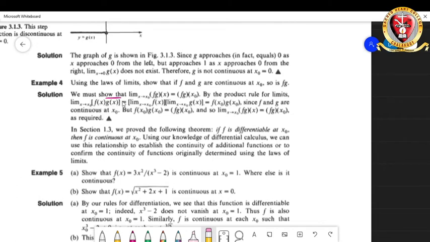By the property of the limits, you can write it as the product of limits: limit x tends to x naught f of x into limit x tends to x naught g of x. And since f and g are separately continuous, instead of limit x tends to x naught f of x, you can write f of x naught. Similarly, limit x tends to x naught g of x can be rewritten as g of x naught. So you get limit x tends to x naught f of x into g of x is equal to f of x naught into g of x naught, right?